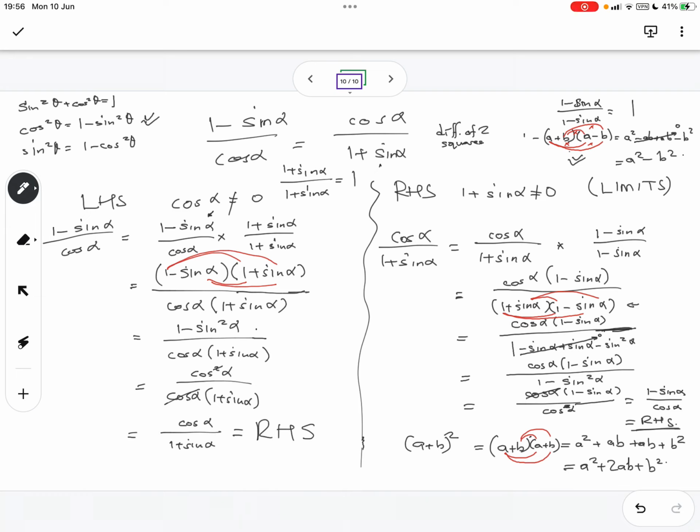That equals cos squared alpha over cos alpha into 1 plus sine alpha. We can divide these out, and then we are left with cos alpha over 1 plus sine alpha. That equals our right hand side.